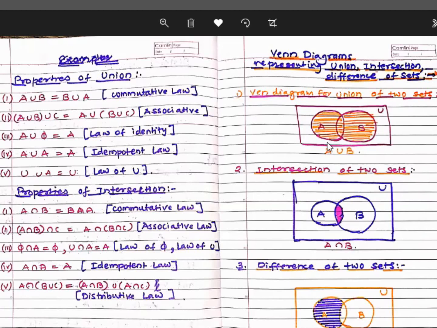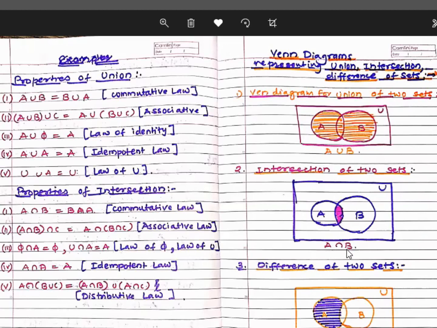So we have to just highlight the whole part of the sets A as well as B. So this shaded region will give us A union B. Whereas for intersection only the common part should be shaded. So this common part represents A intersection B.